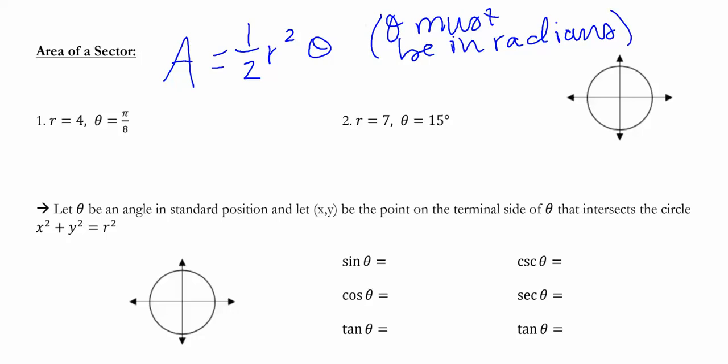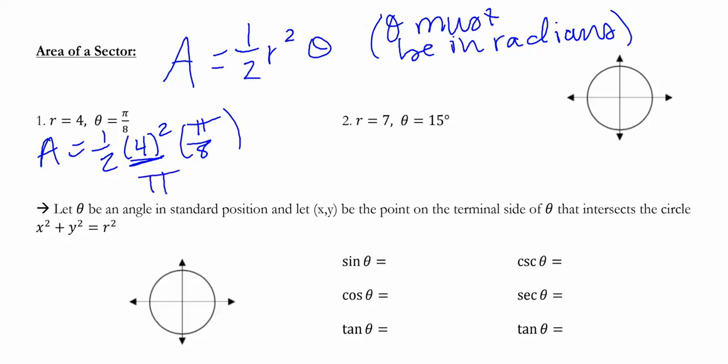So if I do the first one with you, I'm going to do A equals 1/2, my radius is 4 squared times pi over 8. So that's 16. Half of 16 is 8. 8 times pi over 8 is just pi, which is approximately 3.14 units squared. So go ahead and try that next one, and you should get 6.41 units squared. But make sure you know how to do that. Okay?